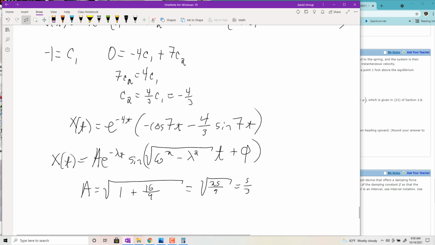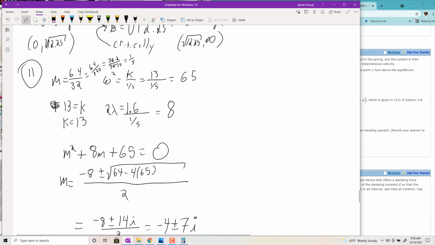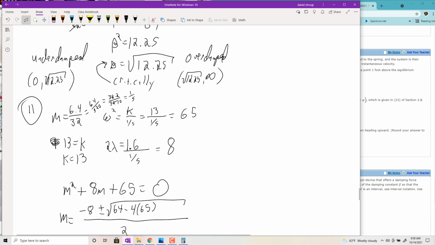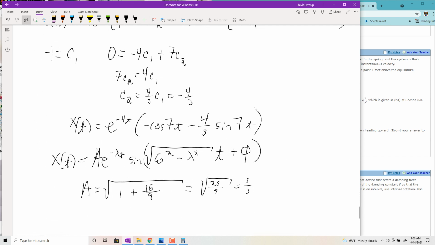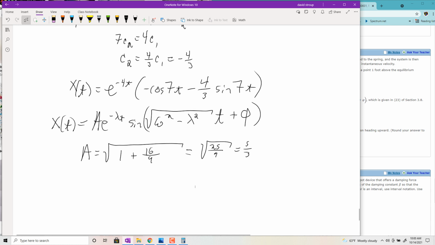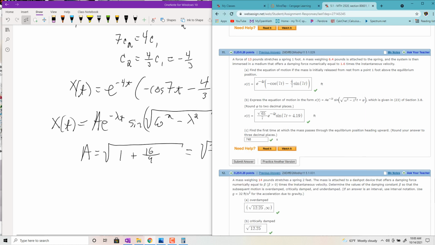What is lambda? 2 lambda is 8, so lambda must be 4. Oh wait, no, I'm right. This is the A value. It's 1 plus the 16/9, 9/9 plus 16/9 is 25/9. It's 5/3. And for some reason, I'm not getting that for my answer.